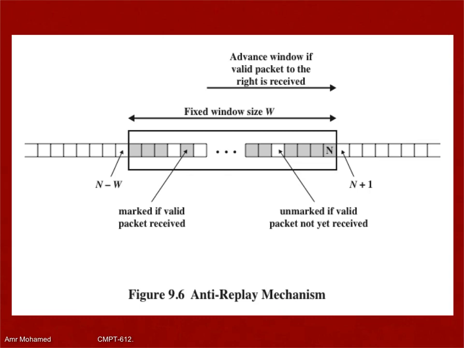So we started chapter 9 talking about IPsec and we talked about the benefits of IPsec providing a secure tunnel over a public infrastructure like the internet. We talked about the usages of this, securing communication between two offices.